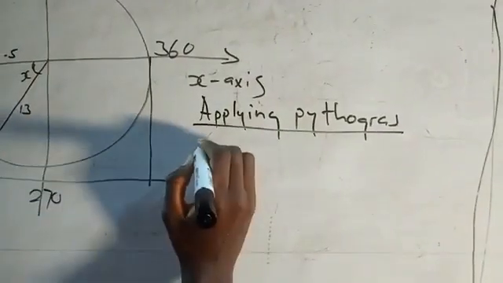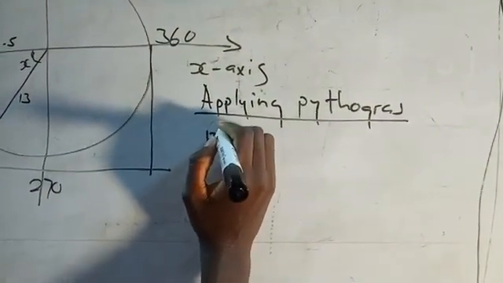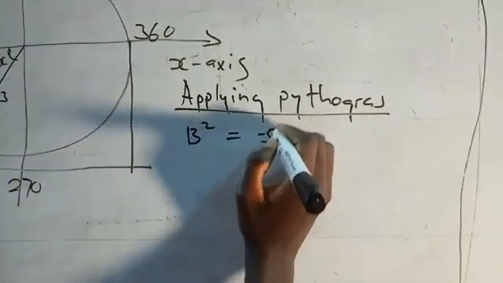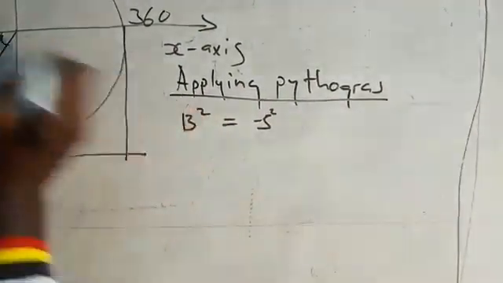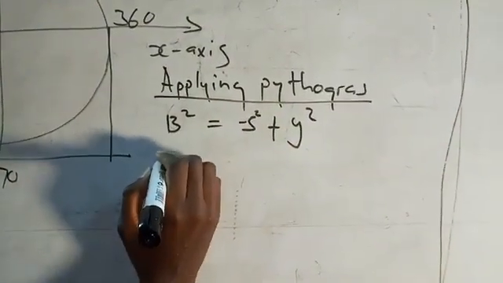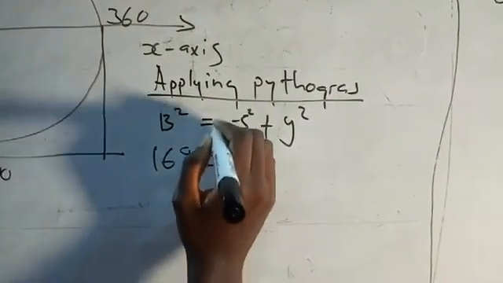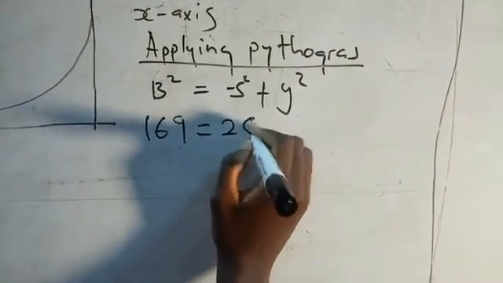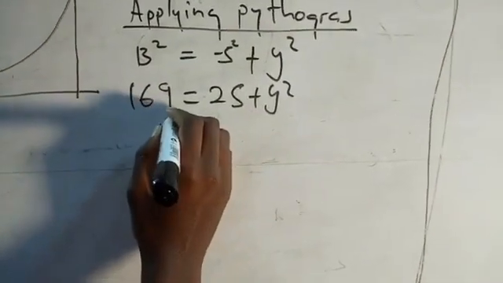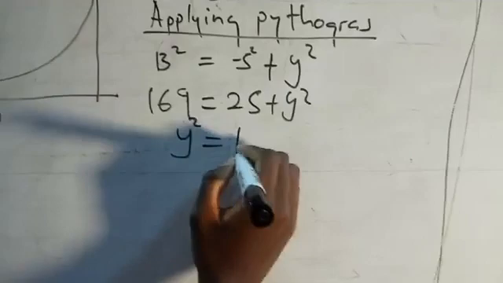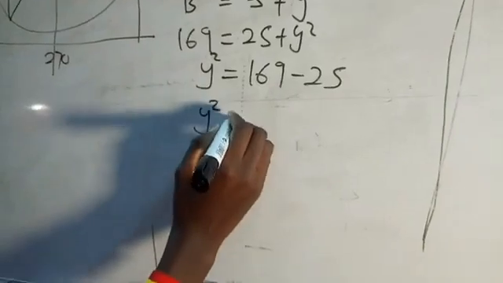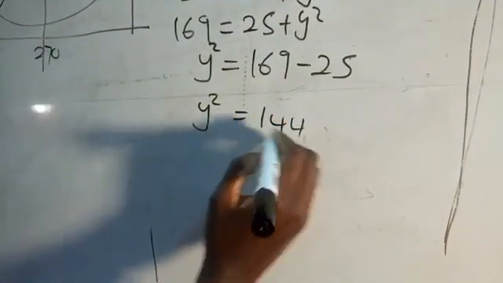Hypotenuse, which is 13 squared, equals adjacent, which is -5 squared, plus y squared, equal to 169 equals 25 plus y squared, and y squared equals 169 minus 25, y squared equals 144.